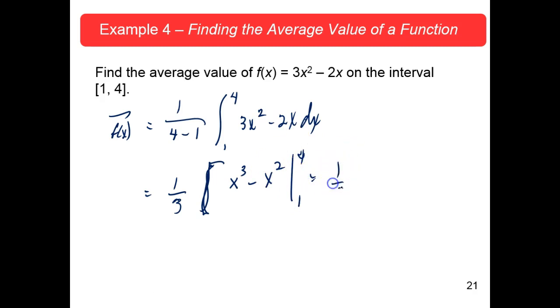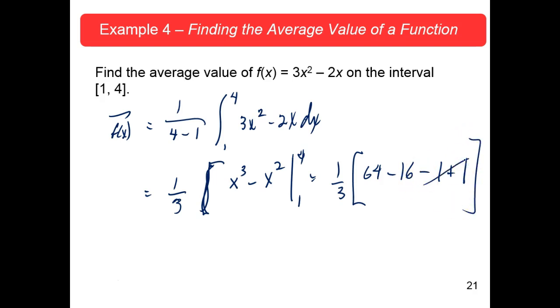So this will be 1/3 times, okay, 4 cubed is 64, minus 4 squared, 16, minus 1 cubed, which is 1, minus a minus, which is a plus, 1 squared, which is 1.